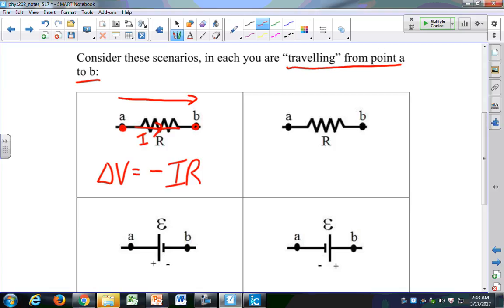But let's say that you go the opposite direction of the current. So instead of the current going left to right from A to B, let's say that the current now is going in this direction, but you're still traveling in this direction. So here, you're going through the circuit opposite the direction of the current.